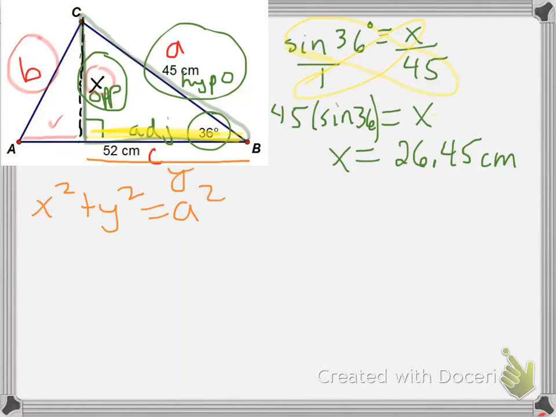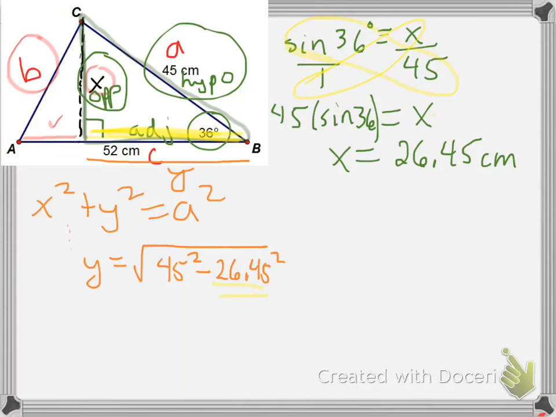If I do my work, and I skipped a bunch of steps in here, you've done them lots before, y equals the square root of 45 squared minus 26.45 squared. And remember, I kept this in memory, so it's actually 26.45033.. but I don't want to type all that.